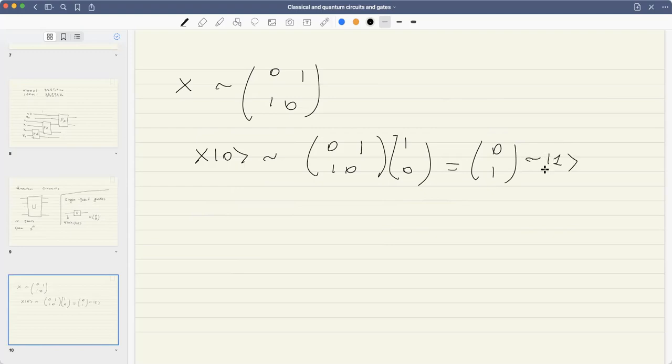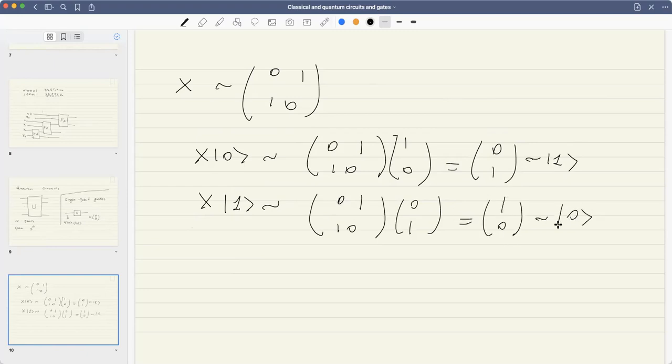So it flips the qubit. If the qubit is 0, you get 1 out of it. And if the qubit is 1, again, it flips: that's now (0, 1), and if I do this, I get (1, 0), which is the same as 0. So it's somehow like the NOT operation. It changes the state.